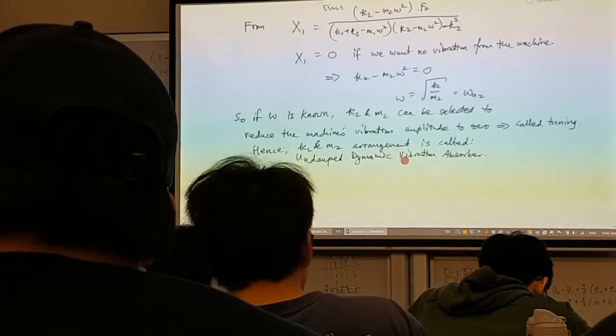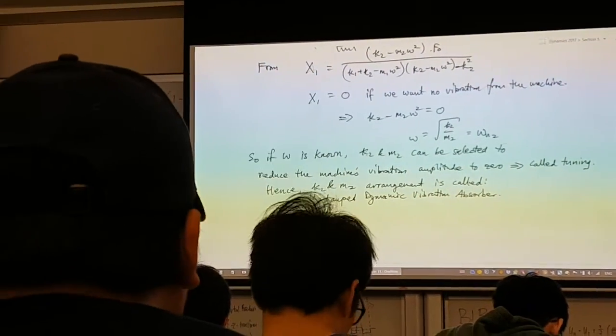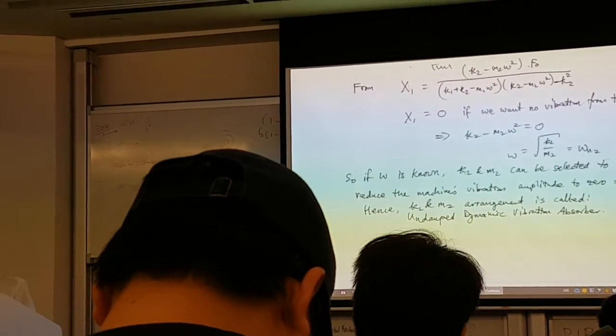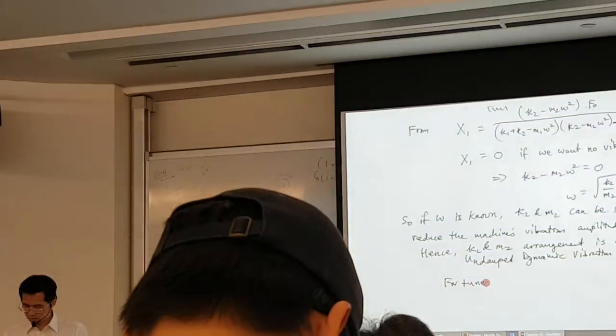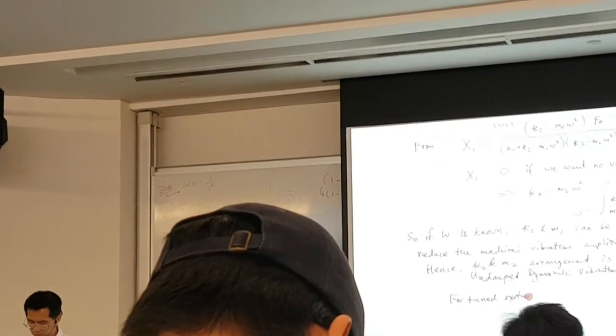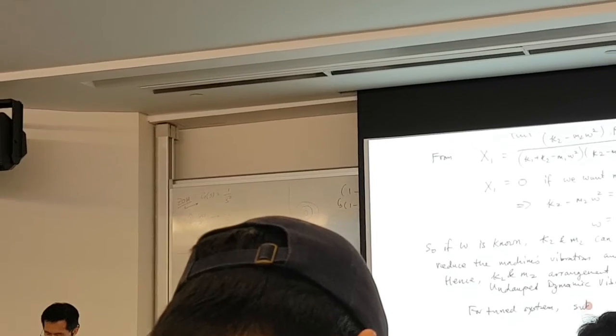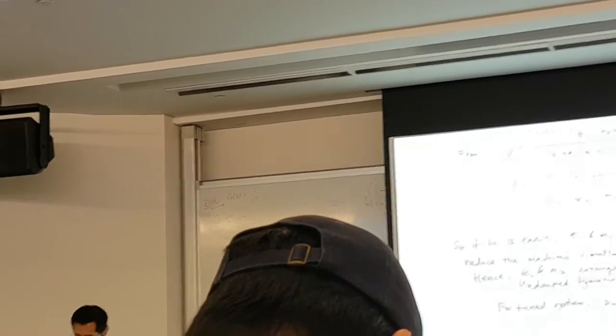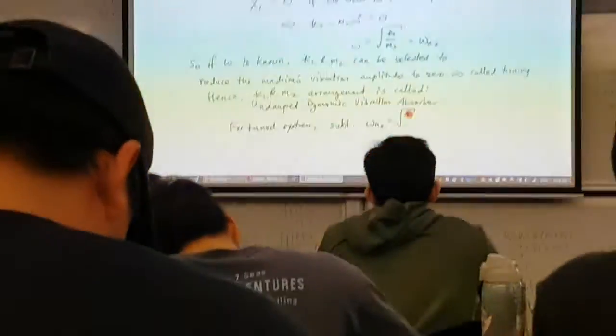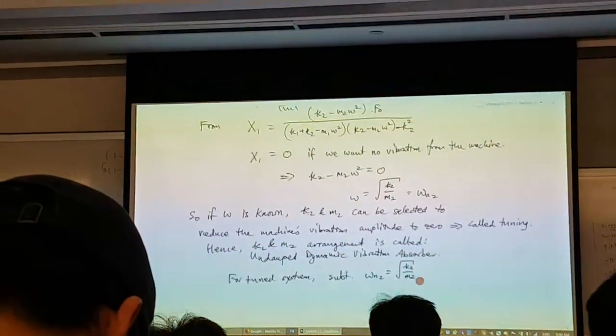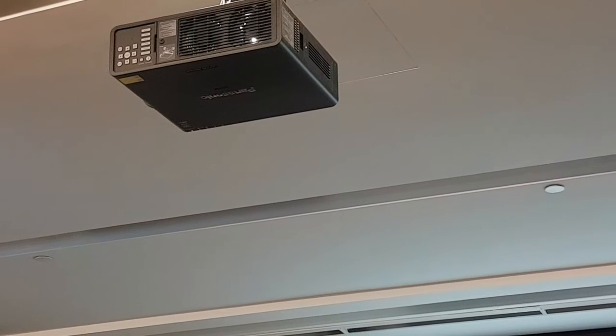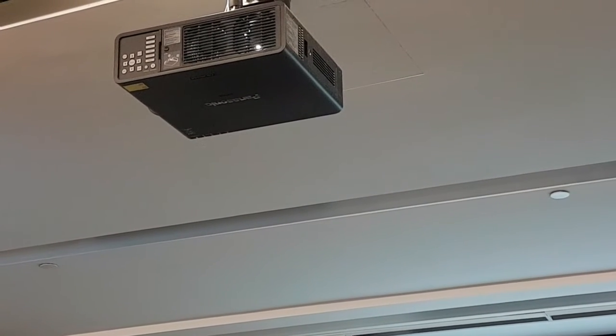So let's have a look at what happens to the X2 side. If you want it to be tuned, for that tuned system, what we need to do is to substitute your omega N2, which is square root K2 over M2, into your X2 equation.